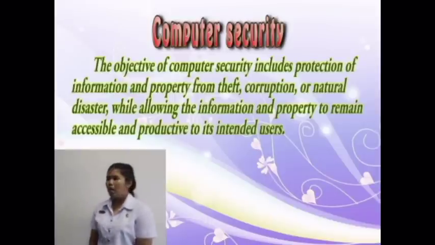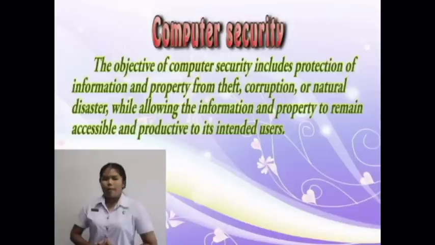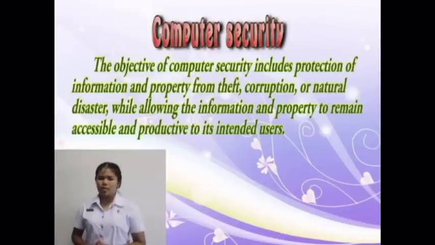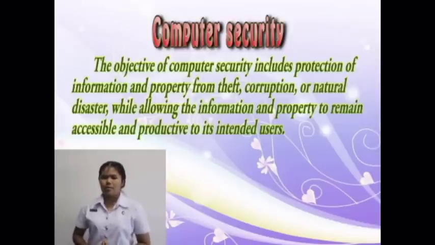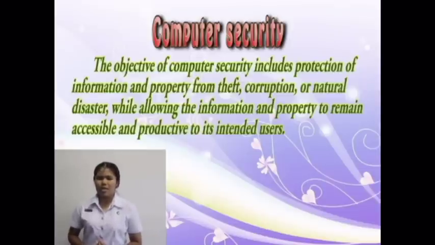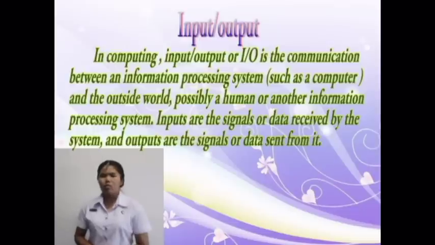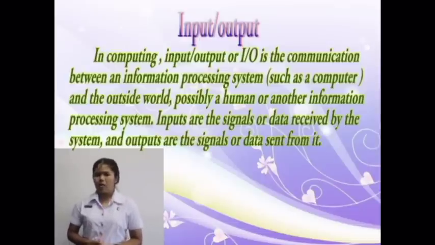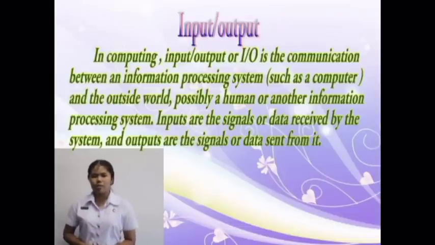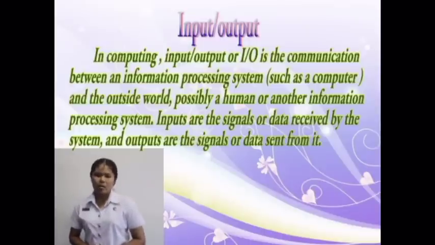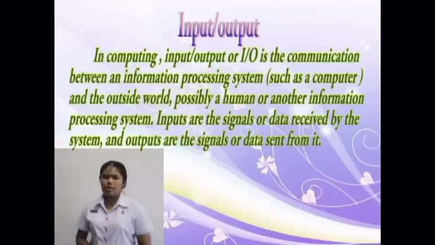Computer security. The objects of computer security include the protection of information and property from theft, corruption, or natural disaster, while allowing the information and property to remain accessible and productive to its intended users. Input/output. In computing, input/output (I/O) is the communication between an information processing system, such as a computer, and the outside world, possibly a human or another information processing system.